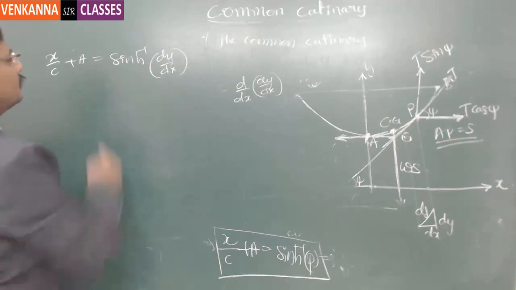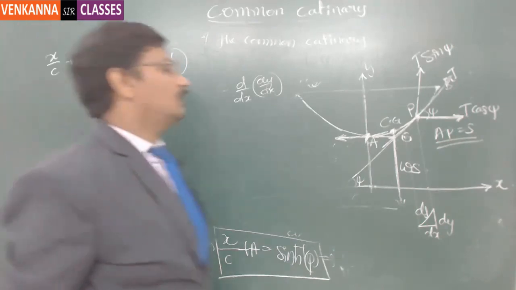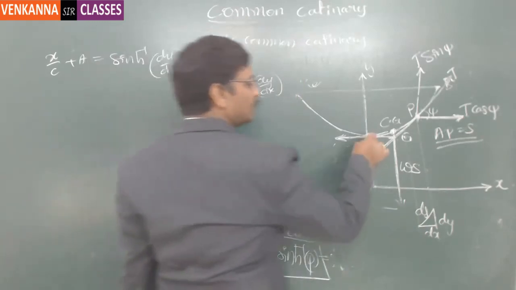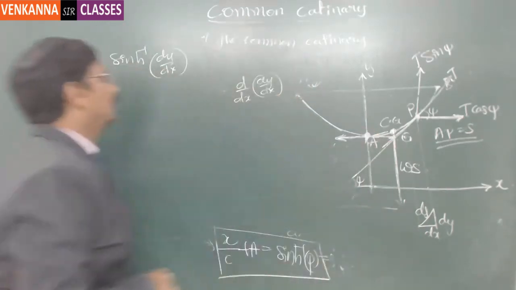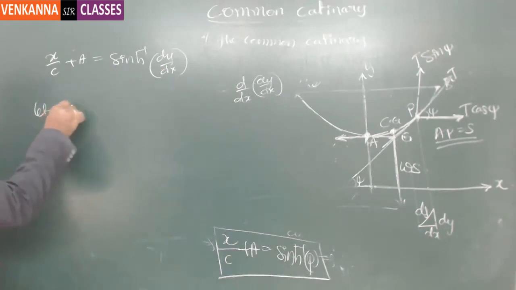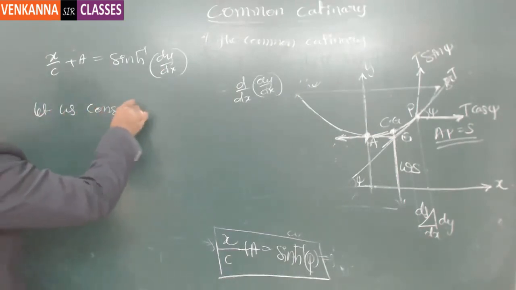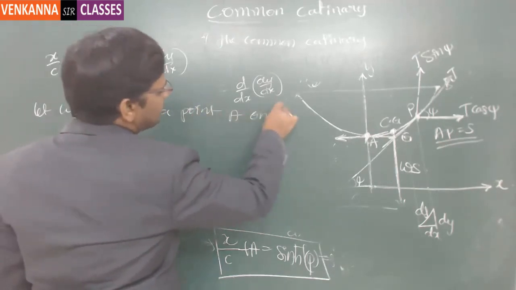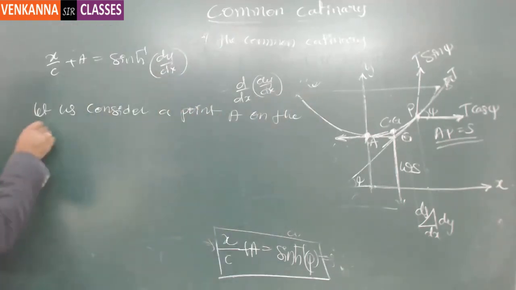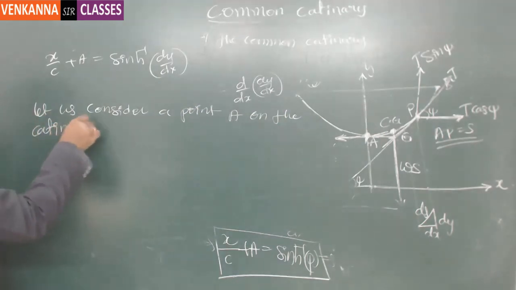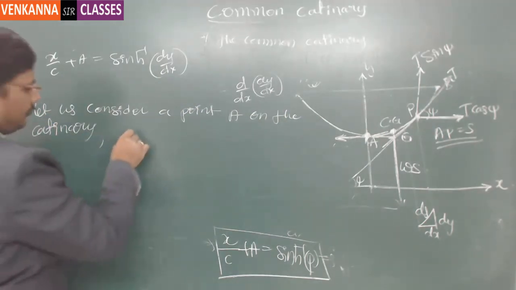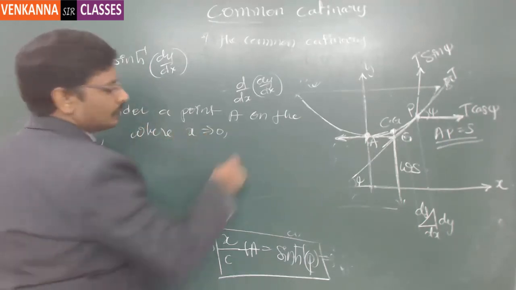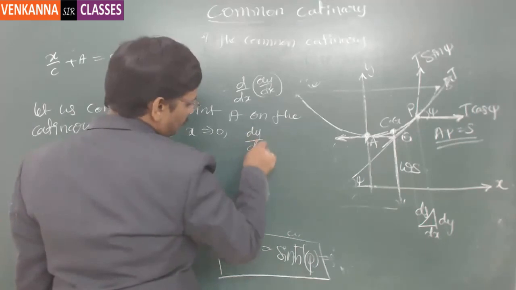Now, to find out this constant value, let us consider one point which is convenient for us, this particular point A. So let us consider a point A on the catenary where x equal to 0, dy by dx is also 0.